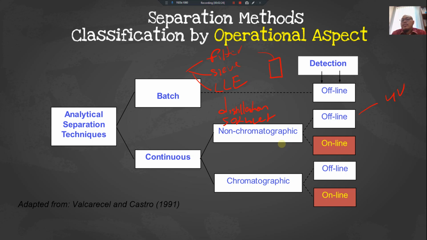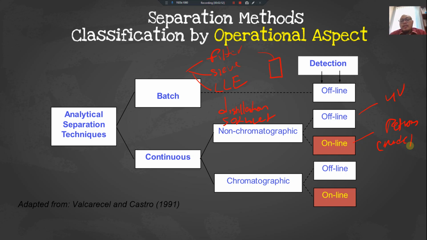Then you can submit for testing there. You can put the detector there and detect whether it has reached the end product or not. For example, you already know how we can produce petroleum from crude oil. That is one example of the continuous, non-chromatographic and online system.